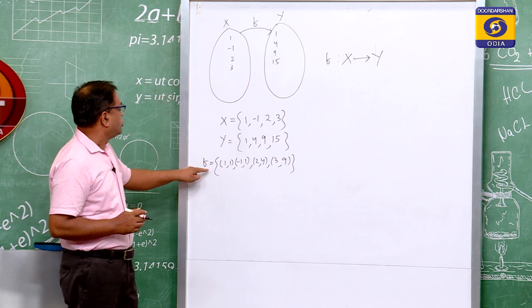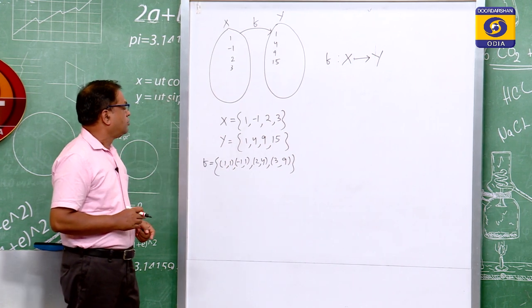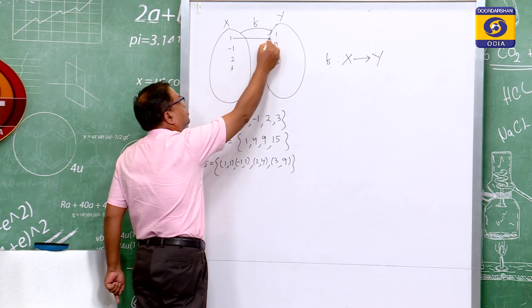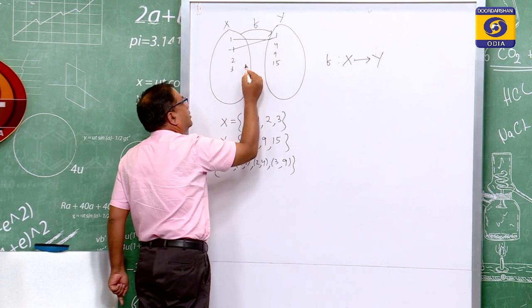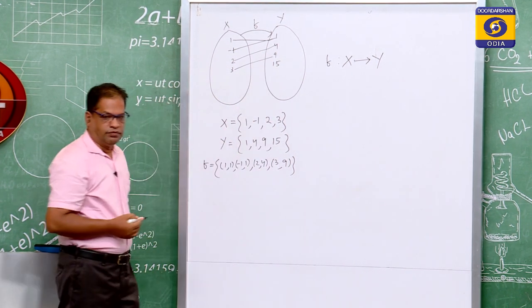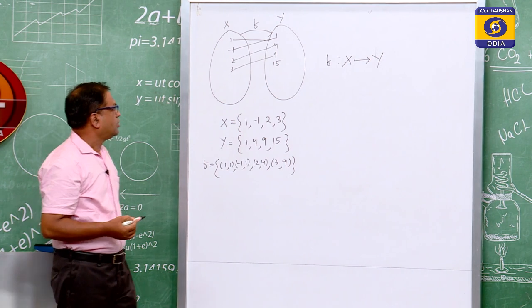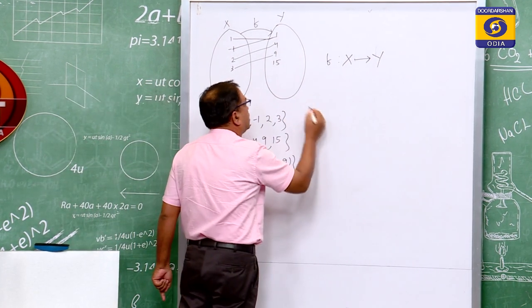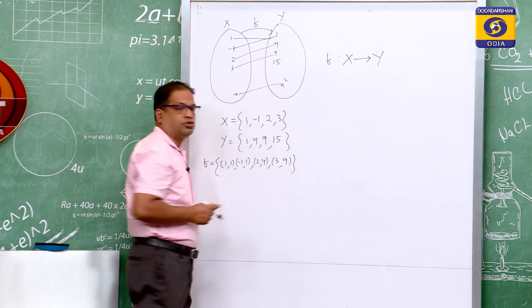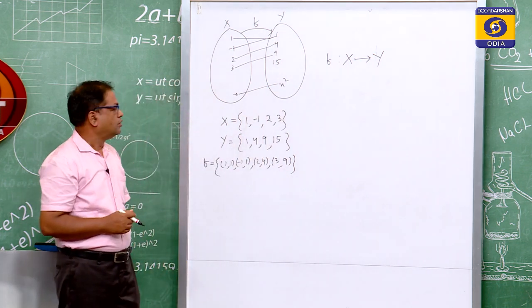So, function is (1, 1), (-1, 1), (2, 4), (3, 9). That means 1 goes to 1, -1 goes to 1, 2 goes to 4, 3 goes to 9.